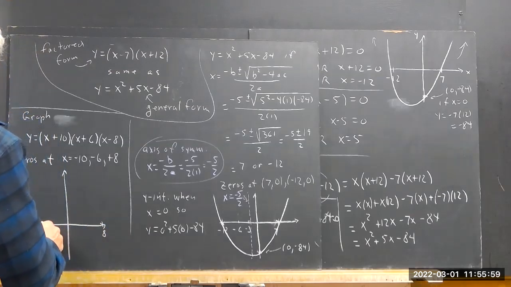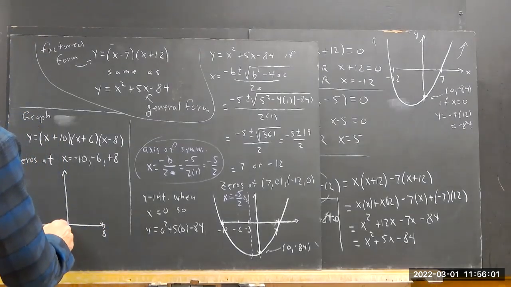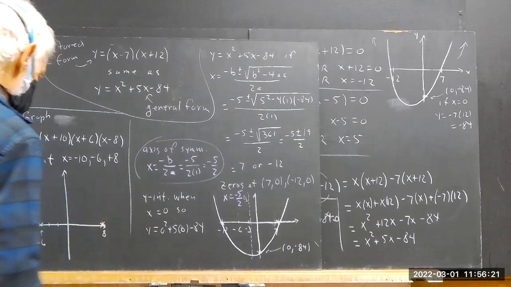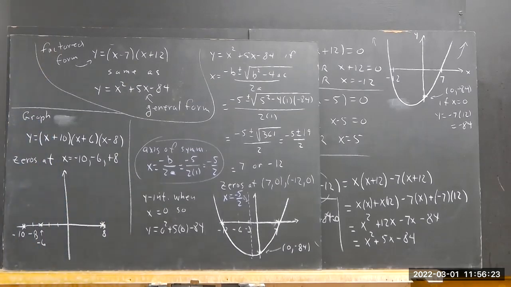So let's say that -4 would be here, -2 and -6. -10 will be this part to the left. So there's -10. And of course, here is -6. So I've got a 0 here, a 0 here, and a 0 over here. So my graph has to go through those 3 points.